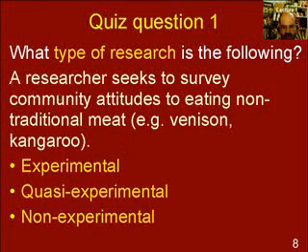Now, it doesn't look to me like there's any groupings involved here. The researcher's not looking to compare meat eaters with non-meat eaters or different groups of people, either by random or by naturally occurring. So this means that they're just interested in the one group, the community group, and that makes this a non-experimental study.